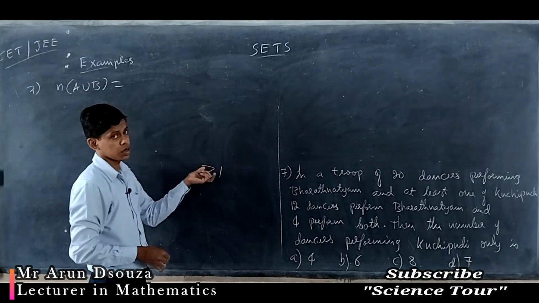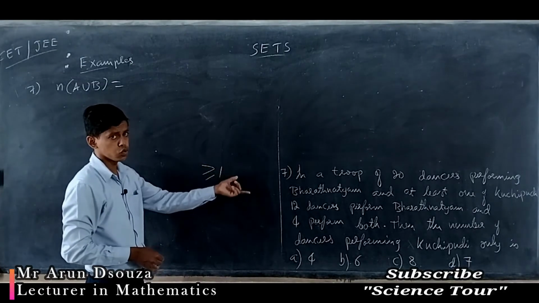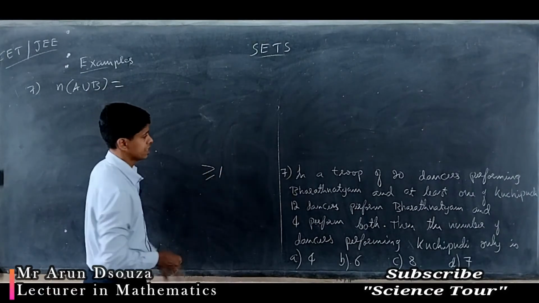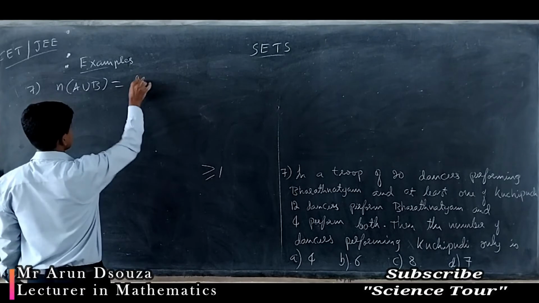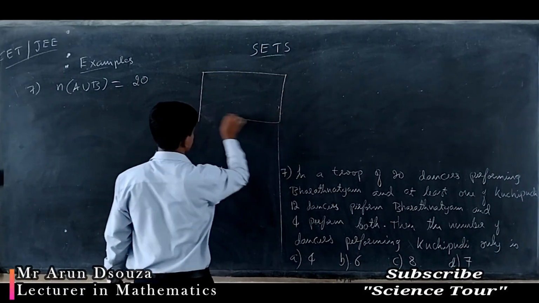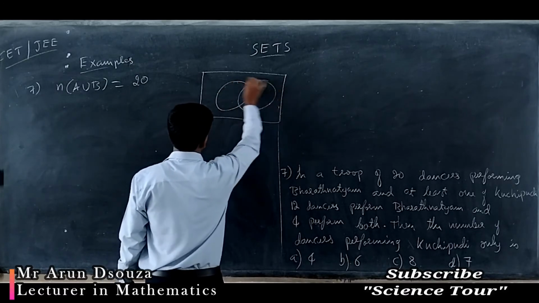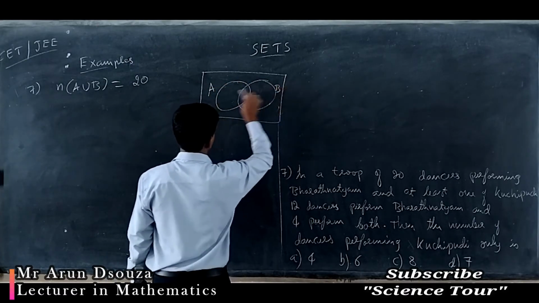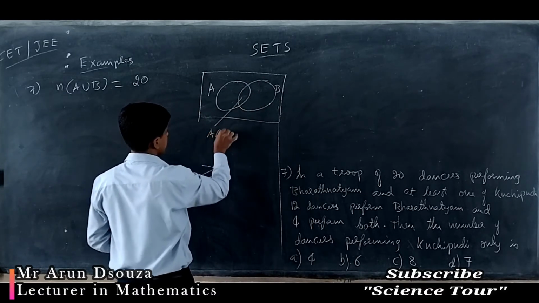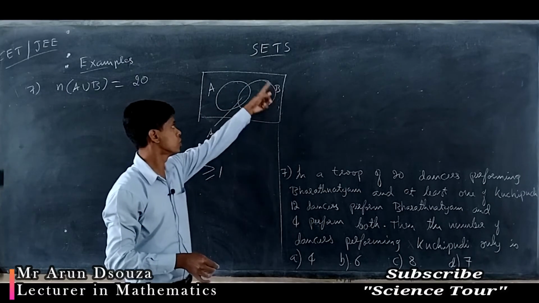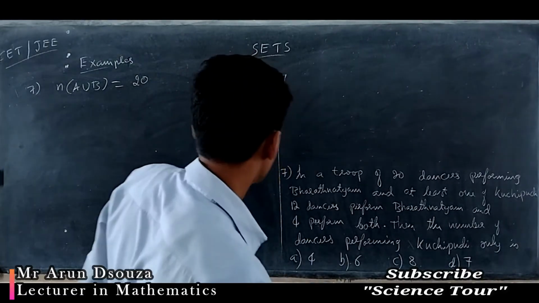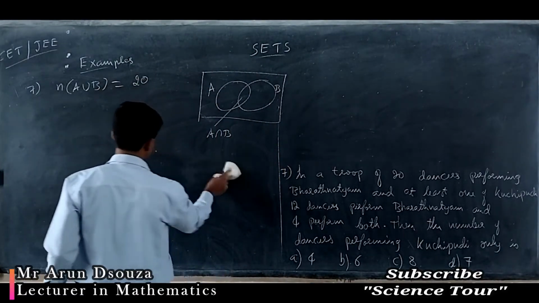Greater than 1 is 2, so both is also included in that 20. So that means it is union. You have A, you have B, you have A intersection B also in the union. So only A, only B, and even the intersection is there.